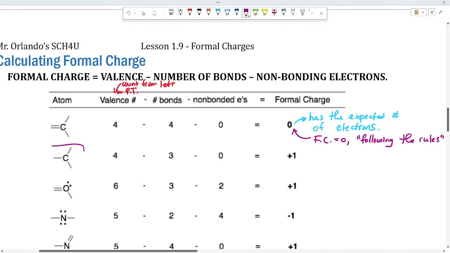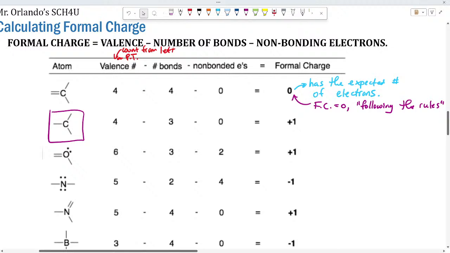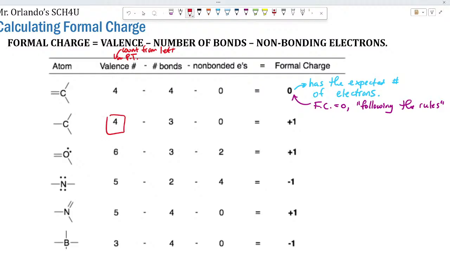Now, if we look here, this one isn't following the rules. What do we notice? In this example, carbon is making 3 bonds, and does it have any lone pairs of electrons? No. So, if we followed that through, we could say, okay, carbon has a valence of 4, right? And that means we'd expect it to make 4 bonds, or have some lone electrons, but it's only making 3 bonds, and it doesn't have any lone electrons.